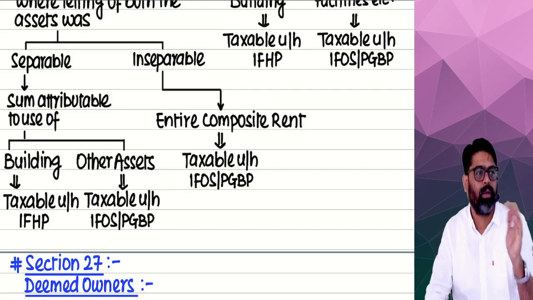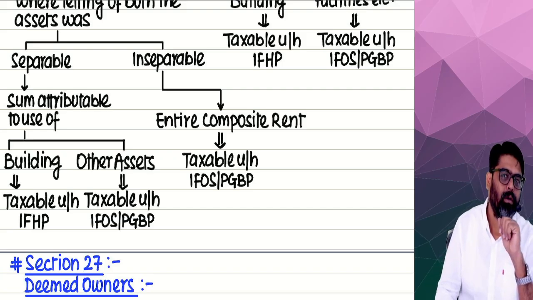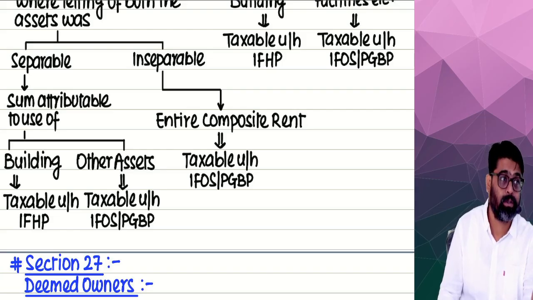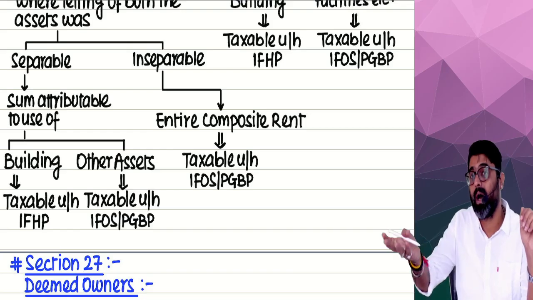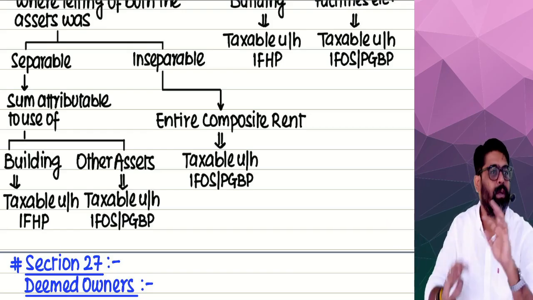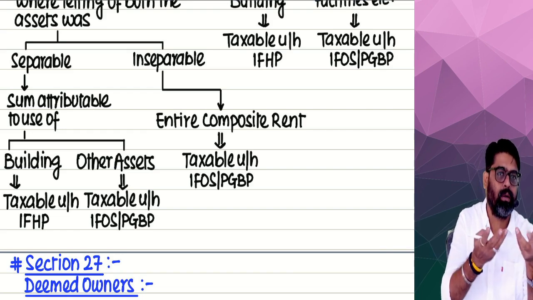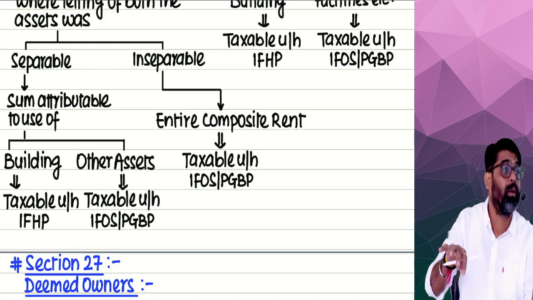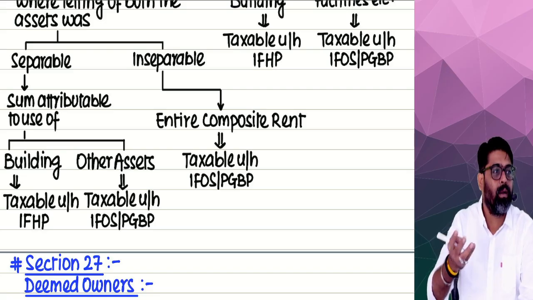I said, okay, I will charge 40,000 per month. But while negotiating, I asked that if you are interested, it is not compulsory, I have one car also which I am not using. If you require a car, you can take my car on rent along with my flat, and you can pay me a rent of 50,000.